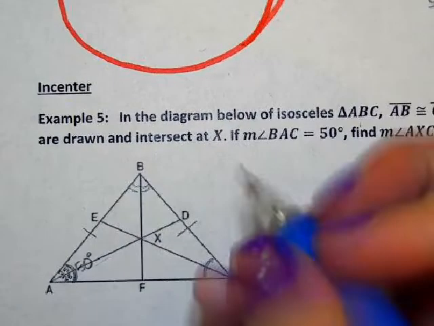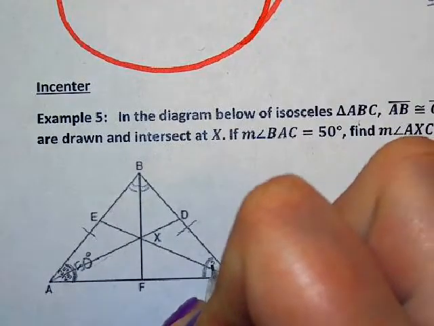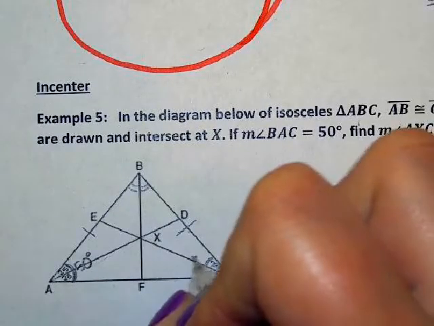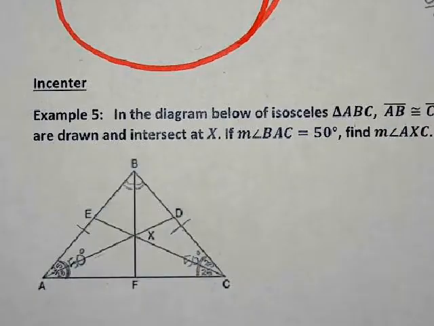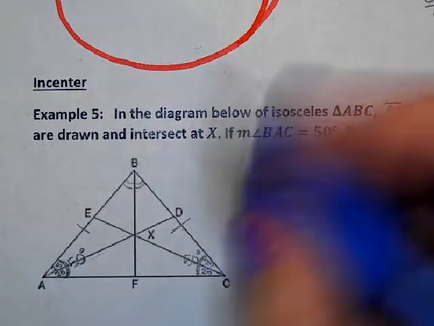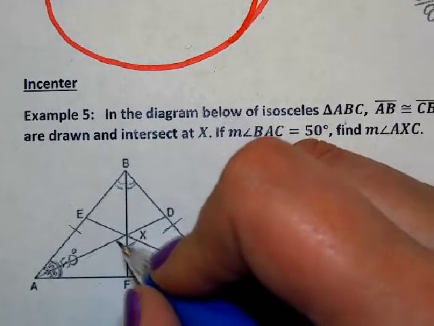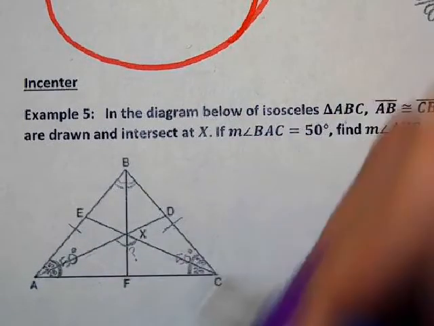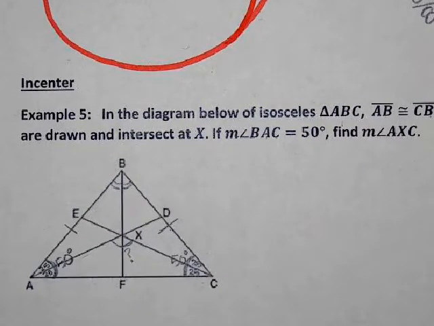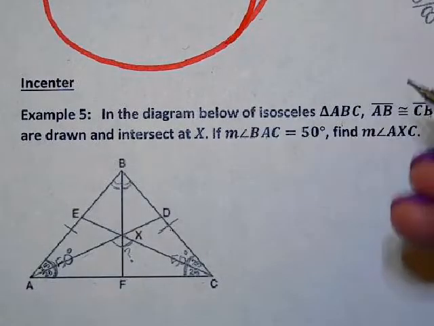Okay, now they want us to find the measure of angle AXC. So AXC is this angle right here. That's the one we don't know, AXC. So how could we find the measure of angle AXC? Well, 50 is the top and the bottom together. Okay, so we'll do 180, take away.